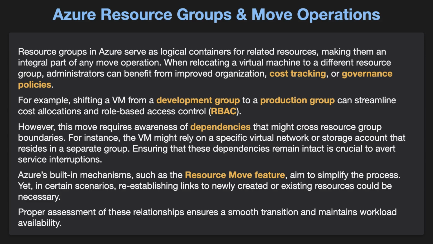However, this move requires awareness of dependencies that might cross resource group boundaries. For instance, the VM might rely on a specific virtual network or storage account that resides in a separate group. Ensuring that these dependencies remain intact is crucial to avert service interruptions.